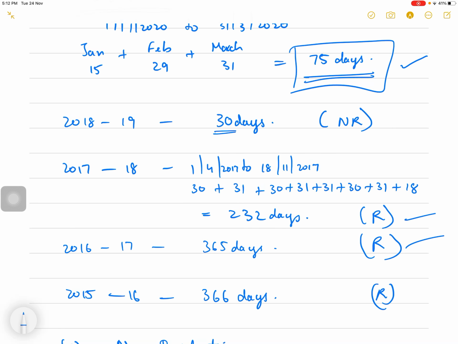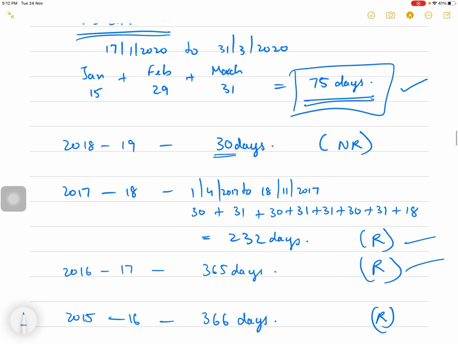And in the preceding 4 years, his stay in India is 30 days plus 232 plus 365 plus 366. The total is more than 365, right? So the second basic condition he satisfies, therefore he is resident.